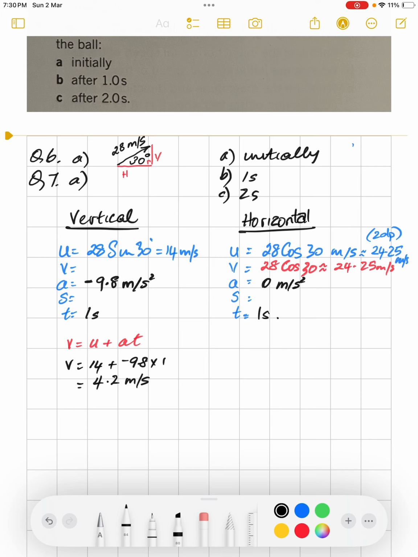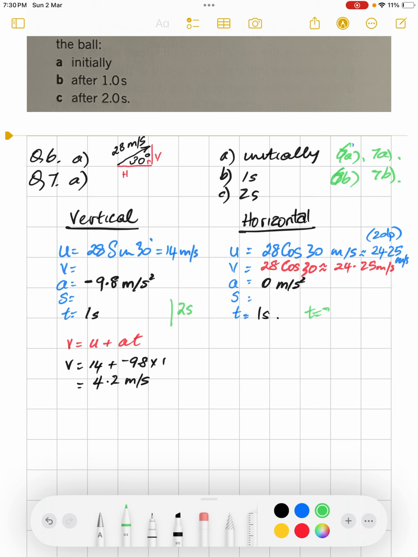So we've answered part 6A, and we've answered 7A. We've just answered now 6B and 7B.